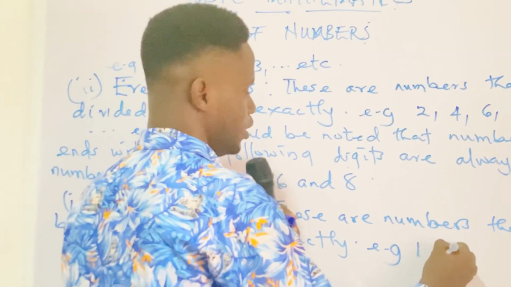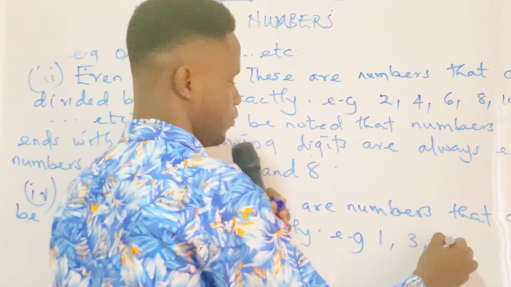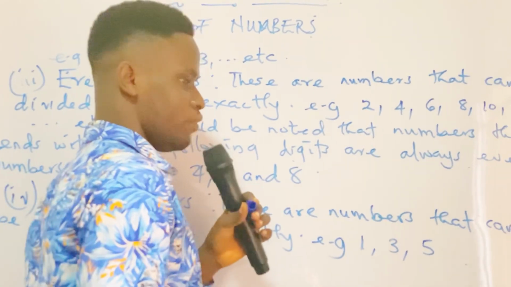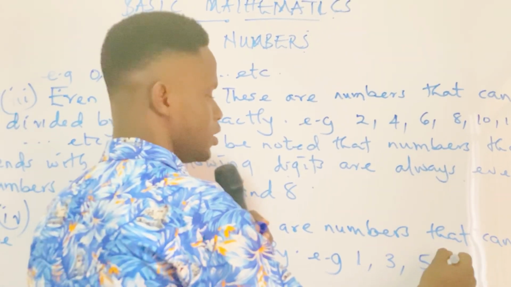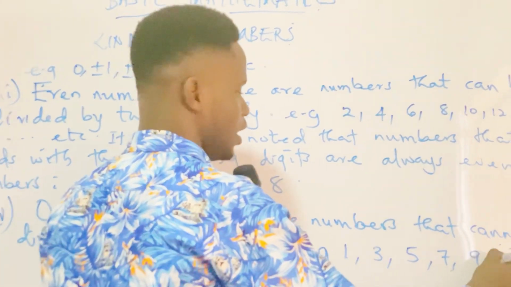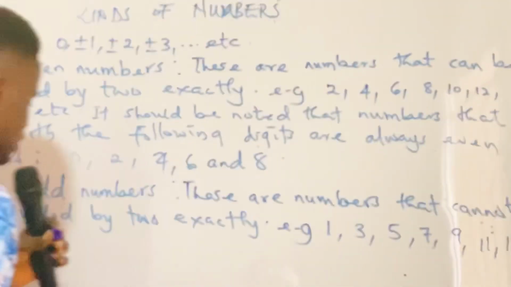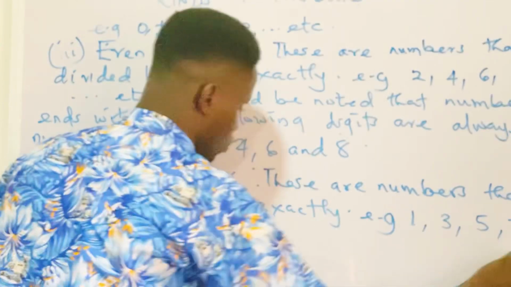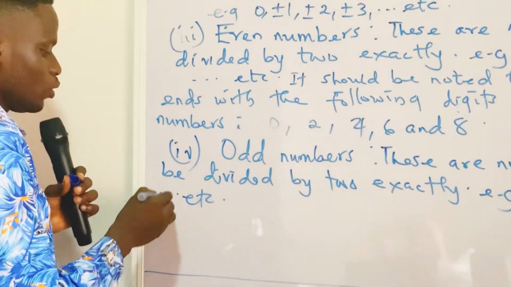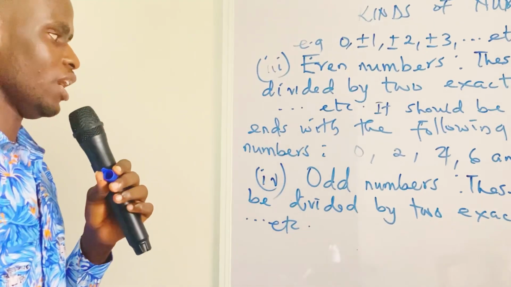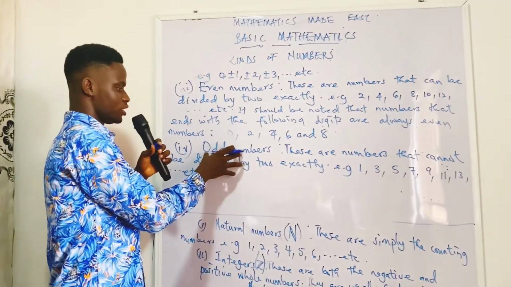The next one should be 3, the next one should be 5. If 2 should divide 5, you have a remainder, so 5 is an odd number. 7, 9, 11, 13, and so on like that. So numbers that 2 cannot divide exactly are all referred to as odd numbers.